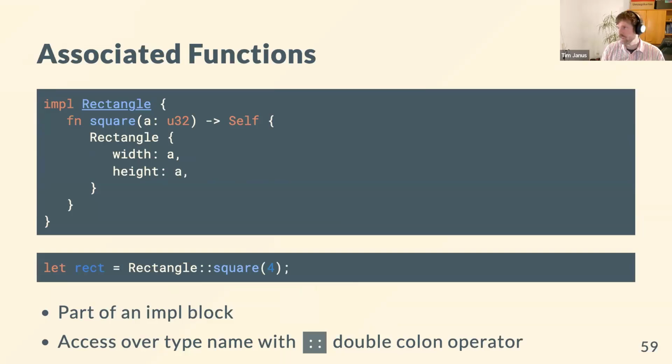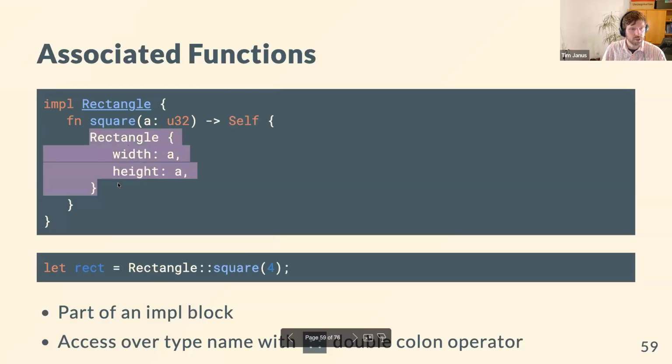Then we have associated functions for structs. So in C++, you would have functions related to classes. Here we can relate them to structs. And this function is called square. It gets an argument a, or parameter a, and returns Self, which is like the type itself.